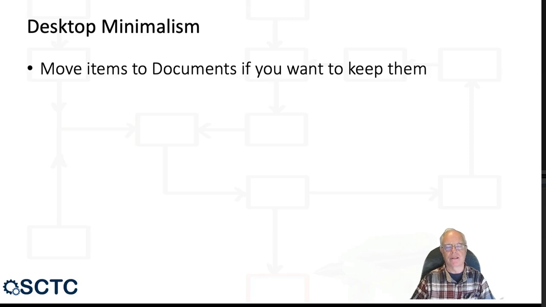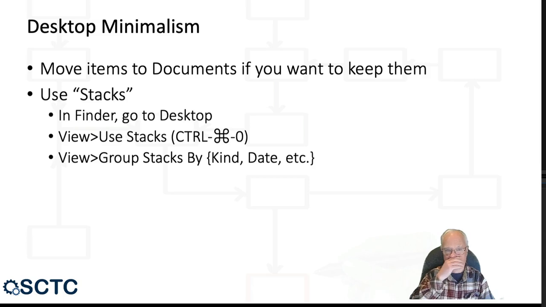First of all, move items to the documents folder if you want to keep them. And we've been talking about that all along. Move it to the appropriate place. There's a thing called stacks in the Finder that's specific to the desktop. And if you have the Finder active, go to the View menu and then say Use Stacks. And there's a shortcut for that. And then you can group those stacks by different kind.